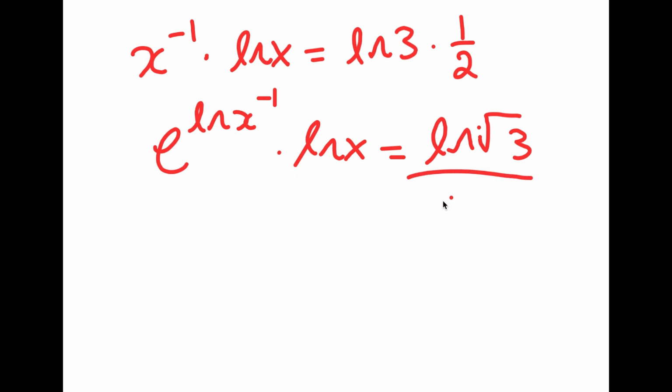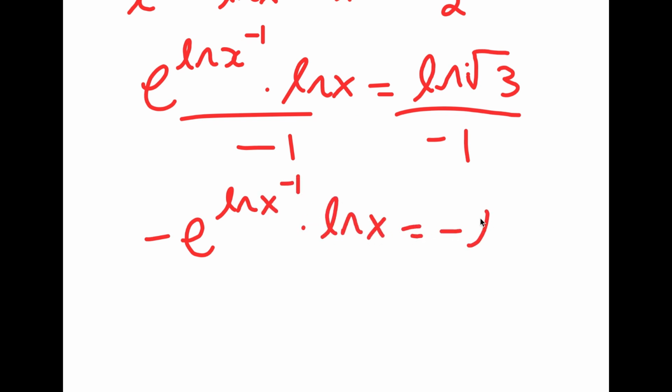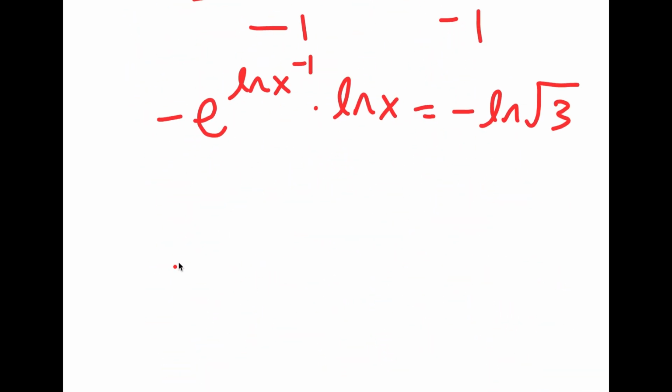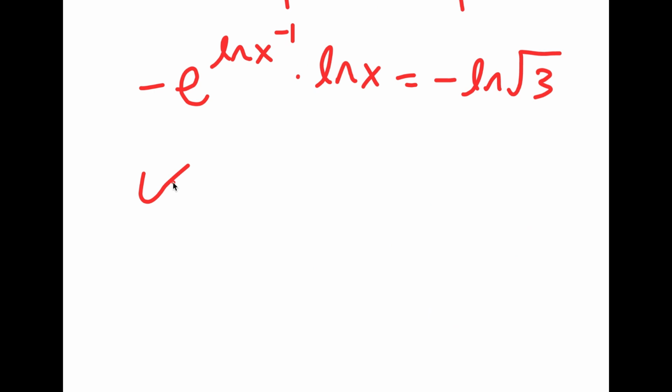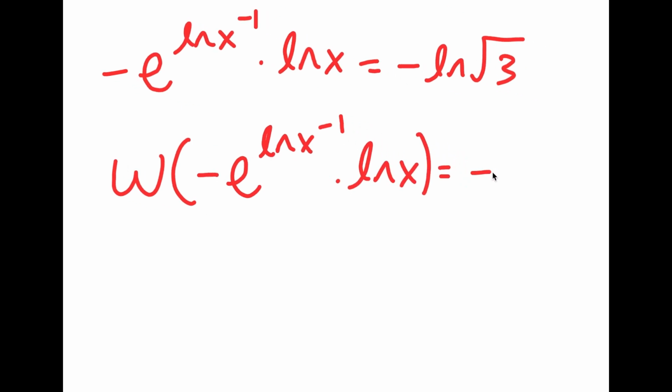the last thing I have to do is divide both sides by negative 1. So I get negative e to the power of ln x to the power of negative 1 times ln x is equal to negative ln square root of 3. And now, if I take the W-Lambert function on both sides, the W of negative e to the power of ln x to the power of negative 1 times ln x is equal to negative ln root 3.